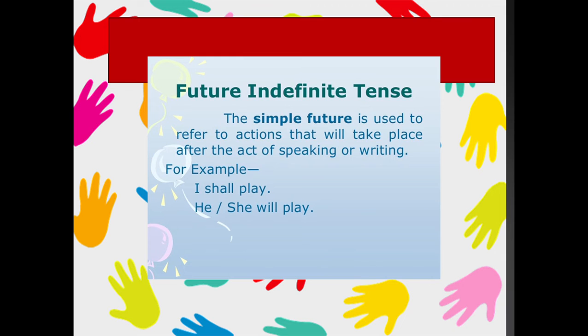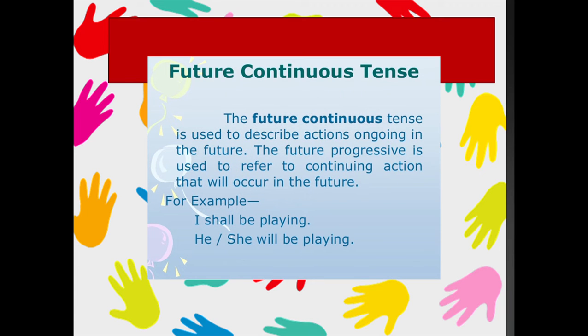For example, I shall play, she will play. Future continuous tense. The future continuous tense is used to describe actions ongoing in future. The future progressive is used to refer to continuing action that will occur in the future. For example, I shall be playing. He will be playing.